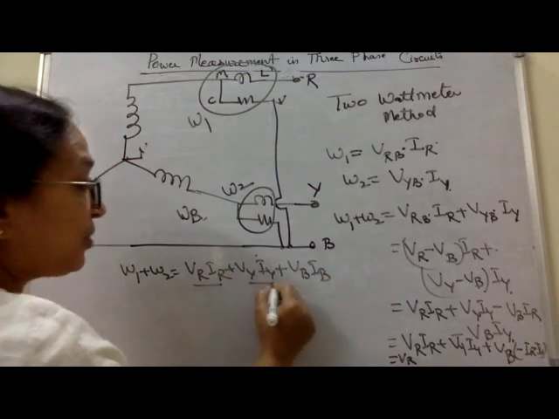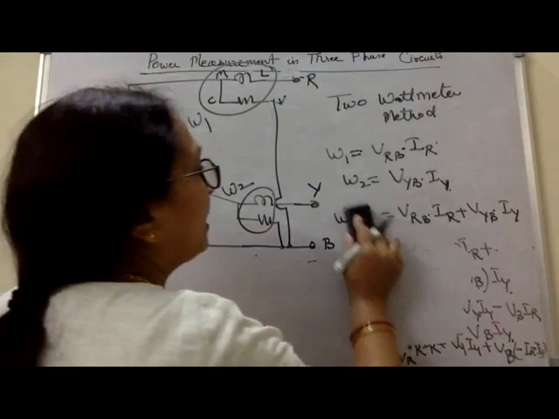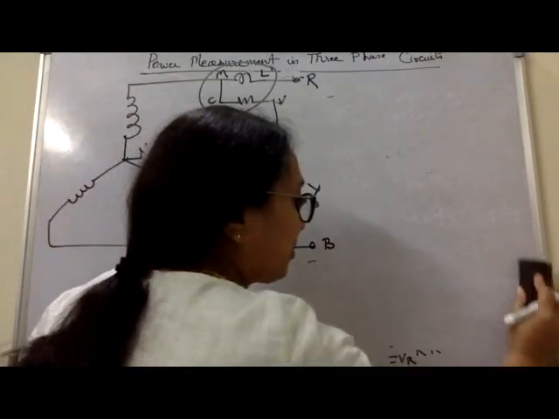So these are the individual wattmeter readings, and therefore the 2 wattmeters can be used to measure the 3-phase power consumed, and that is why we normally use the 2 wattmeter method for calculating the power consumed in 3-phase circuits. Now with the 2 wattmeter method, we will also try to draw the phasor diagram and the power factor measurement of the given circuit.